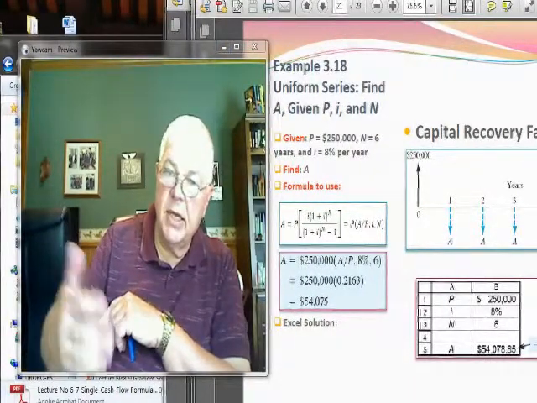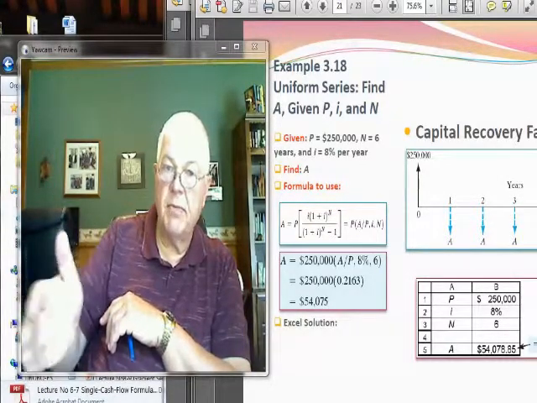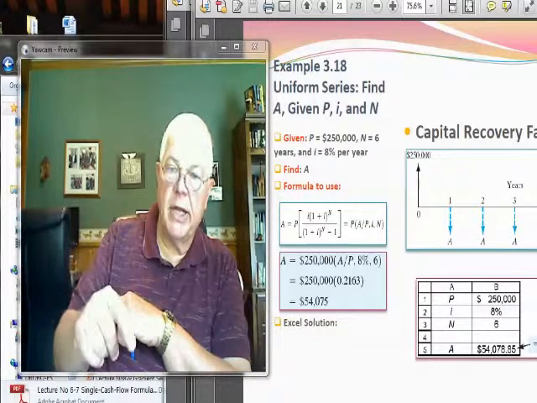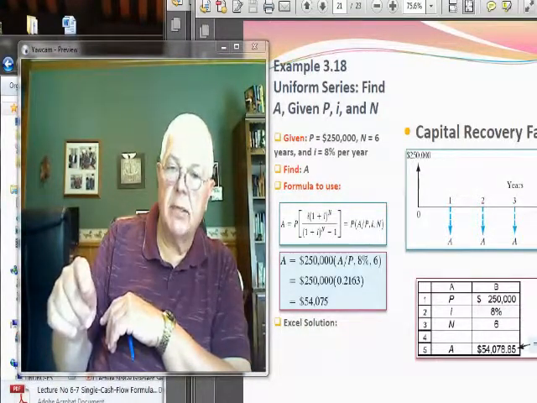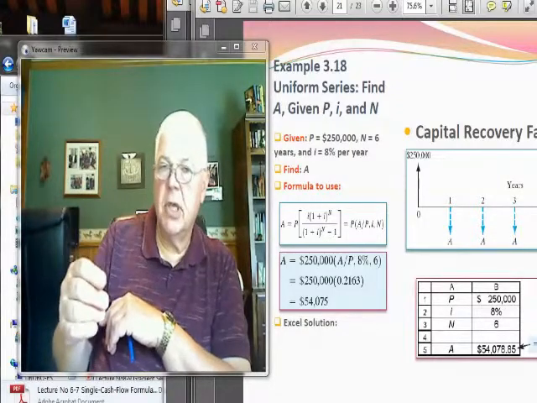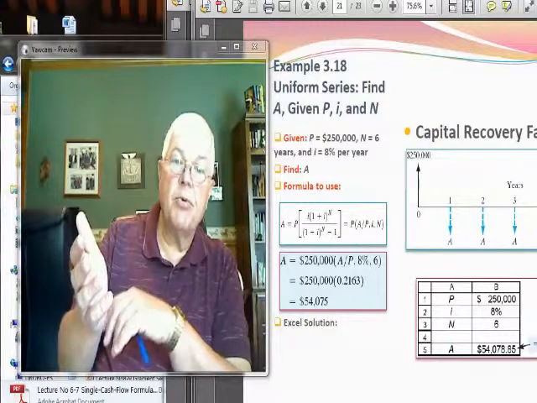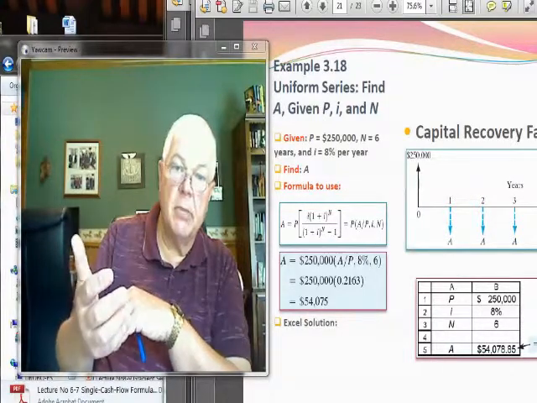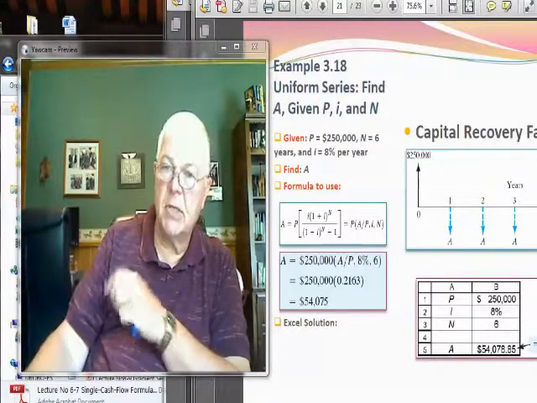The only idea here is instead of going to a future value, where we're saving money to buy something, we've already bought it, and now we're trying to pay back what we bought. It's the only difference. So one is the future, one's the past. If we've already bought it, then it's capital recovery because we're getting back our money. If we haven't bought it yet, it's sinking because we're getting ready to buy it. That's all the difference is.